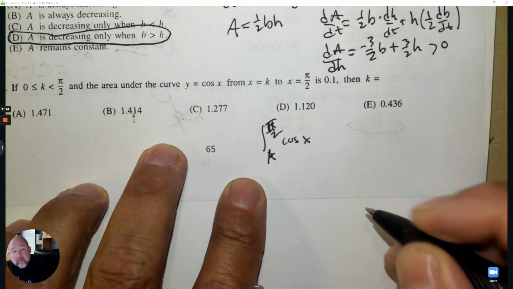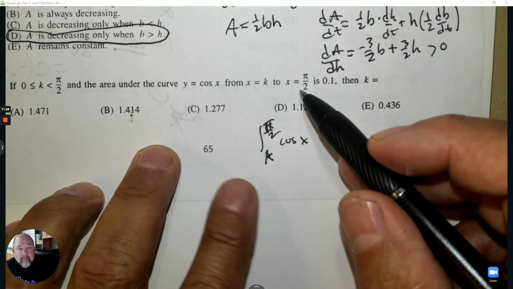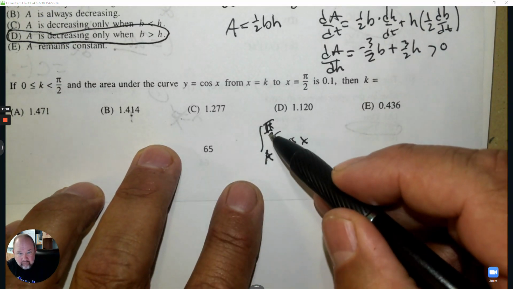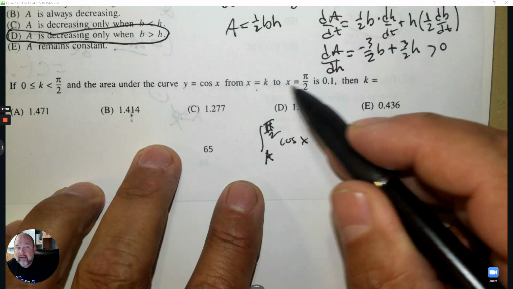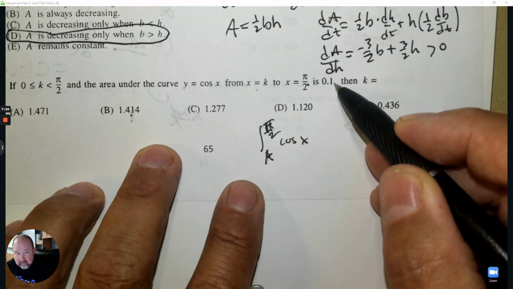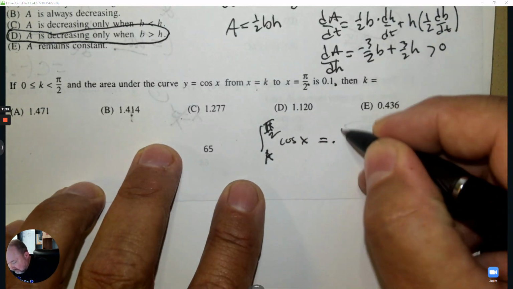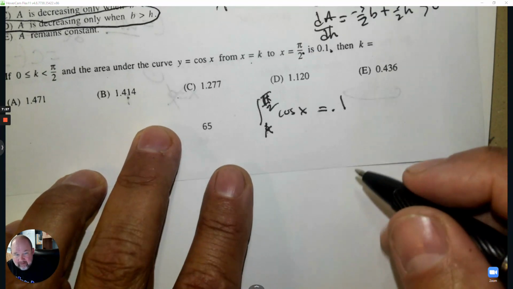This is what we know. So from x equals K to pi/2, the area is 0.1. This area is 0.1. Then what must K equal?